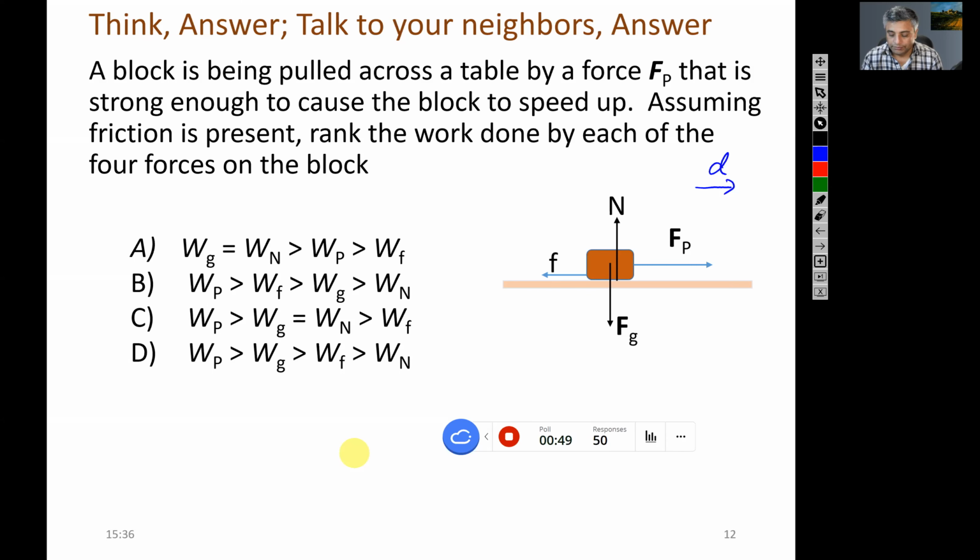So when we are doing work on the system, the system's energy increases. But if the system is doing work, then it's giving up energy, meaning its energy is decreasing. So that's what negative and positive work means.